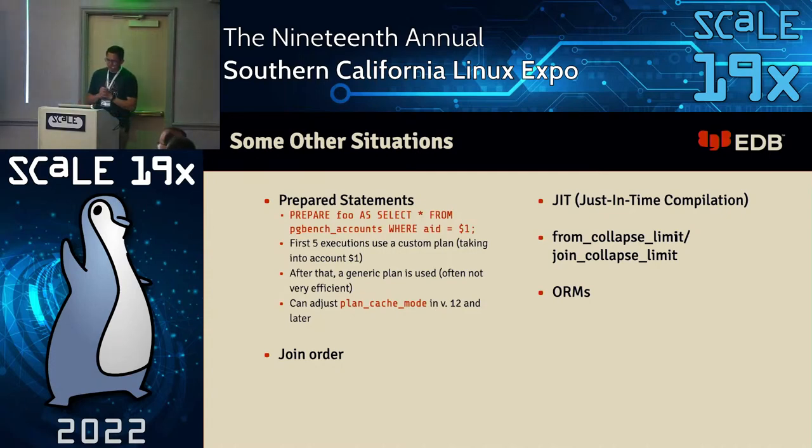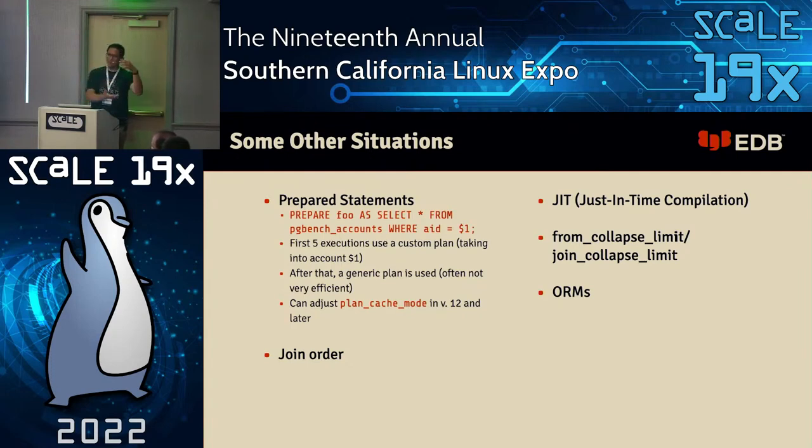A few other situations, prepared statements. We have seen situations where if you do a prepared statement and you call execute on that prepared statement many times, you could end up with decreasing performance. Because the way that it works is the first 5 executions of a prepared statement will use a custom plan. It will take the value that you pass into it and then generate a new plan and then run against that value.